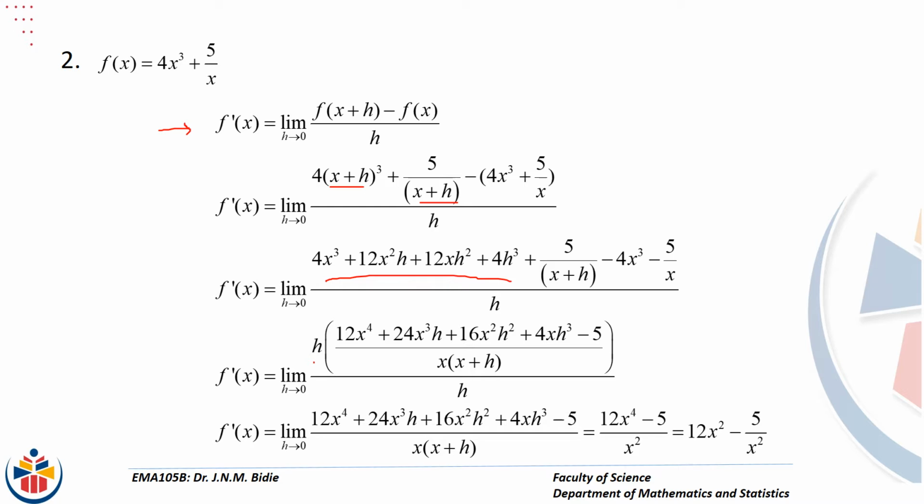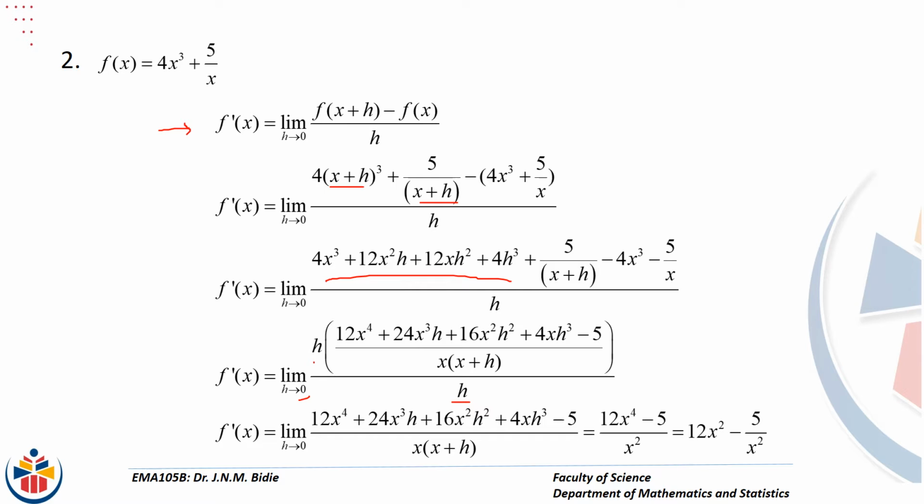But in order for you to be able to perfect this, your main aim must be to make sure that you get rid of the h that was given to you in the denominator. That h must be removed, especially if the limit is approaching 0, because you cannot divide by 0 in mathematics.